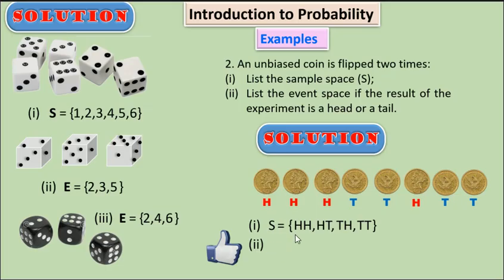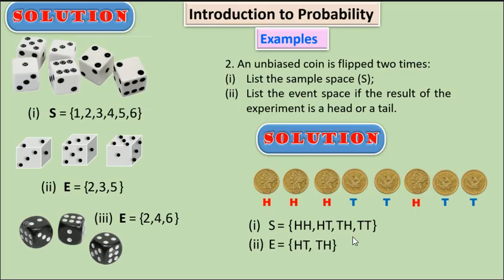So now, head or tail. Let's look at the ones where you have head or tail. The first one is this, head, tail, or tail, head. So these are only 2 options. So the event space will give us the first one, head, tail, or the tail, head.